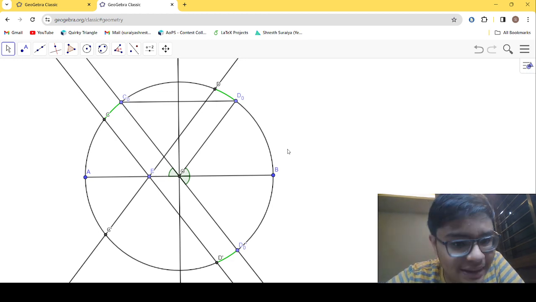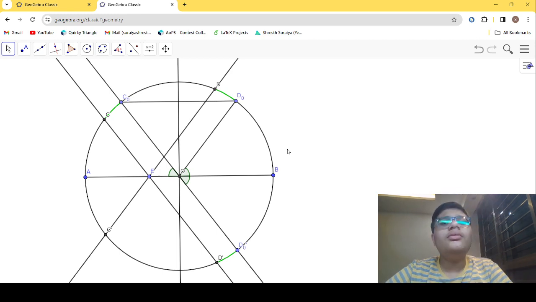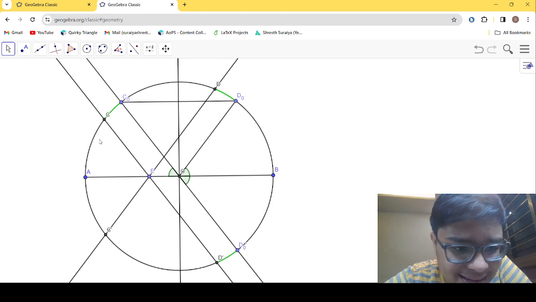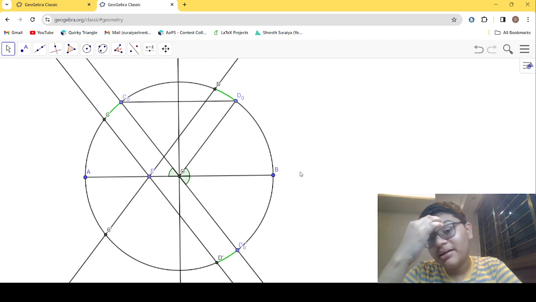One more thing is that, as you know, we have been given that angle CED is supposed to remain constant, and we are also given that angle CEA should equal angle DEB, right?